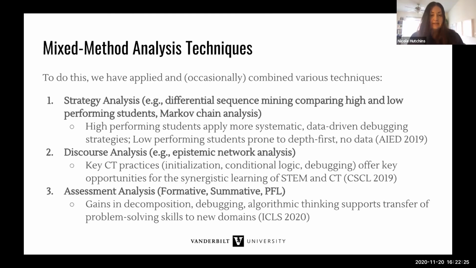Also Markov chain analysis, which looks at probabilities between actions to see the most common sequences of actions. And we found that the higher performing students are applying more systematic data-driven debugging strategies. So they are leveraging the data tools to identify the error in their code and make a correction.